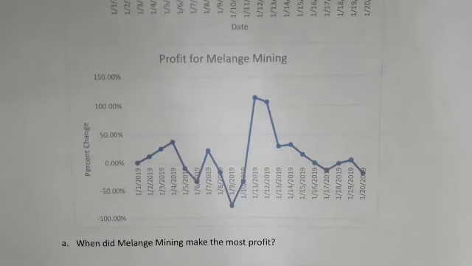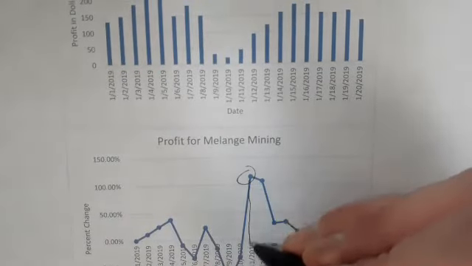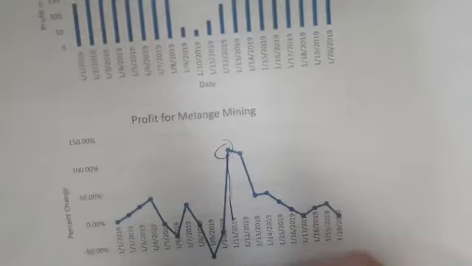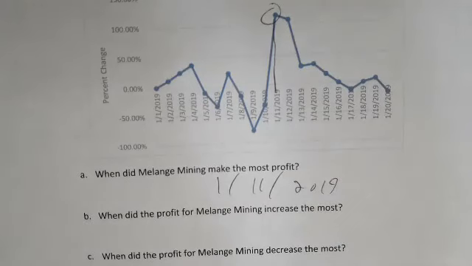So when did they make the most profit? The easy graph to look at for that is this one. And we look down here at the date, 1/11/2019. Sorry, whew, wrong graph.